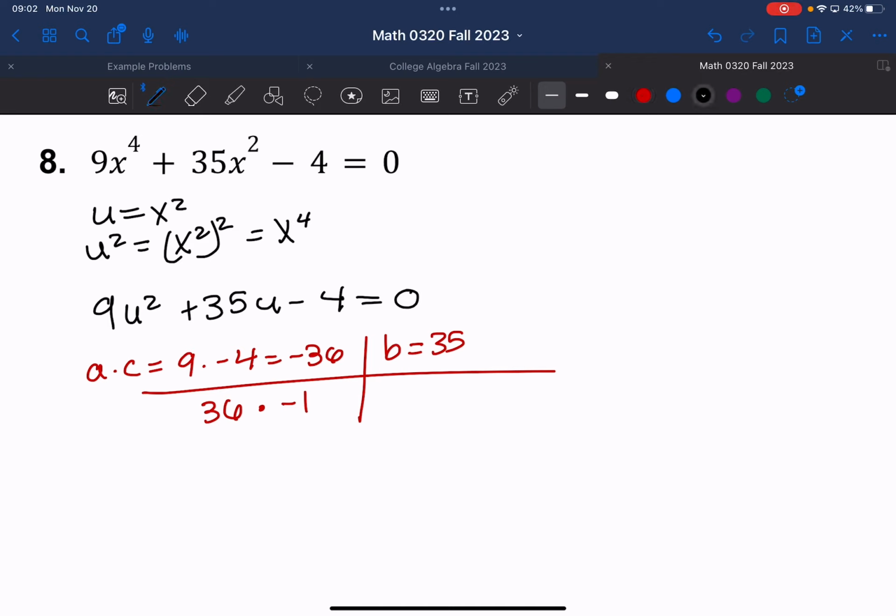So expanding, I have 9u squared plus 36u minus u minus 4 equals 0. Now we're going to do factor by grouping. What can we take out of the first parenthesis?